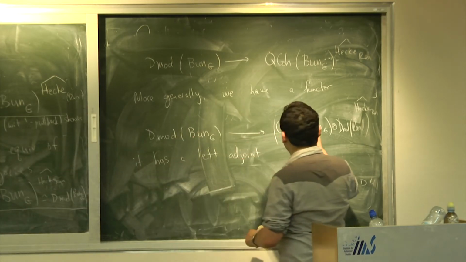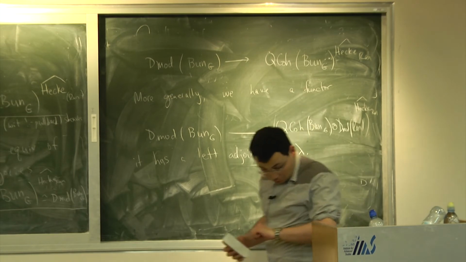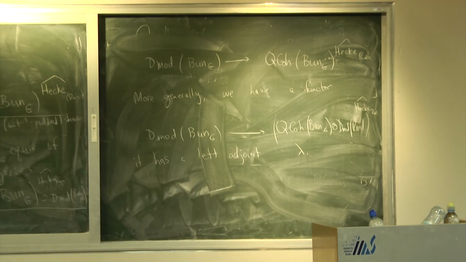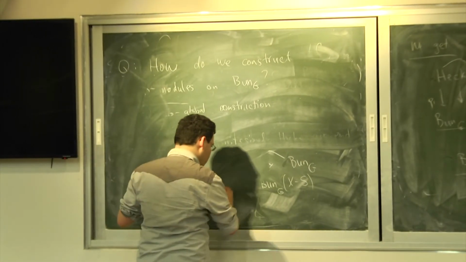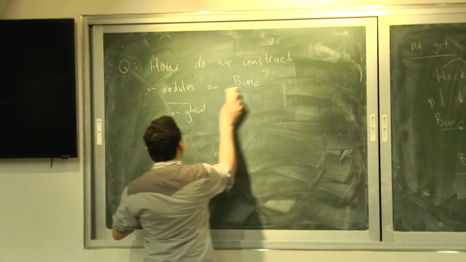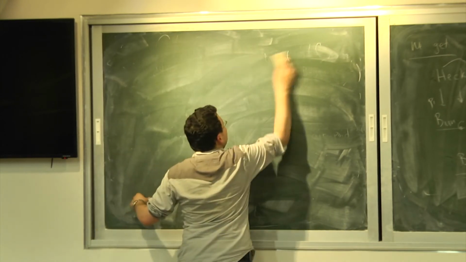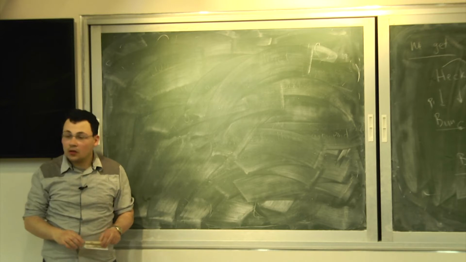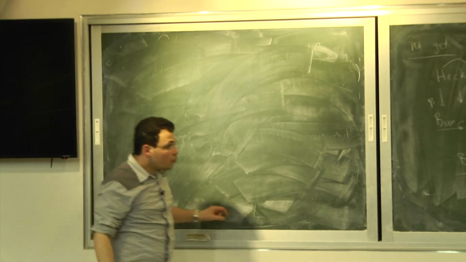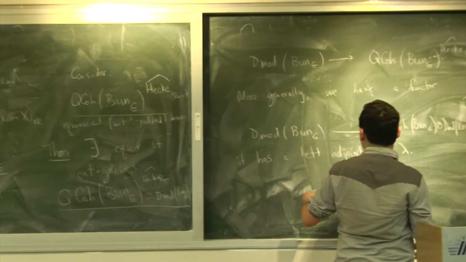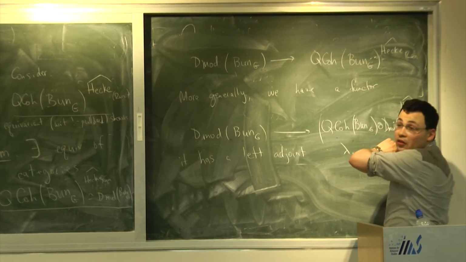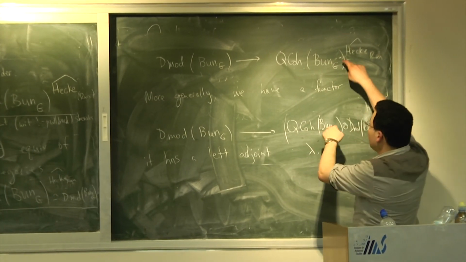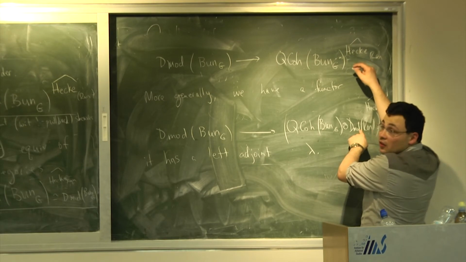Note that this is a pretty strange kind of functor. It generalizes in the sense that this functor factors through this one. There's an obvious map here, just pull back.